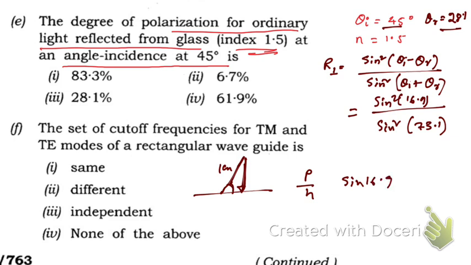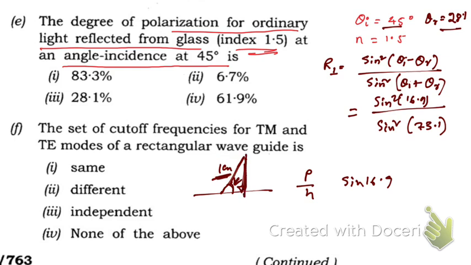16.9. Okay, if you take this angle 16.9, then you're going to get the corresponding sine 16.9 value. If you take the hypotenuse equal to 1 centimeter, it is not necessary that you should take 1 centimeter, you can take 2 centimeters as well.